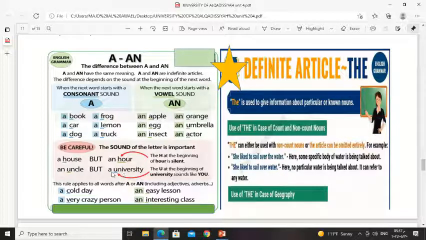University, a university. هنا الساوند: the U at the beginning of university, but the sound is like Y. فهذه الـ Y ما تعتبر حرف علة، فلفظها مو لفظ حرف علة، فلما نقول a university it is correct, but an university غلط.